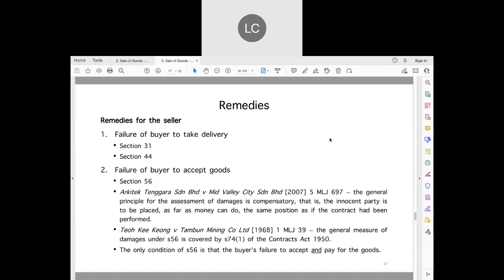However, later, Trump tells Obama that he will not accept the car if the car is delivered to him. So Obama wants some compensation. According to section 56, Obama is entitled to compensation. Of course, he will bear the burden to prove that he has suffered losses due to Trump's wrongful refusal to accept and pay for the car.